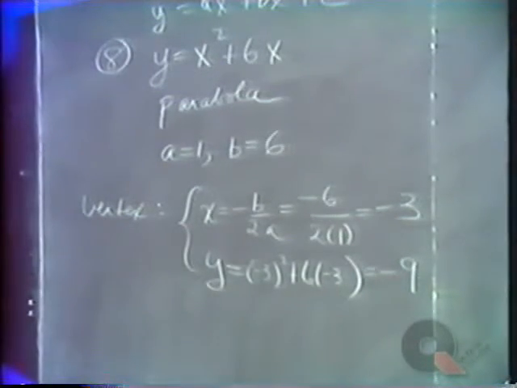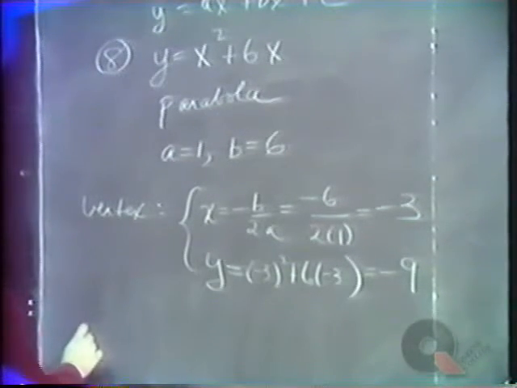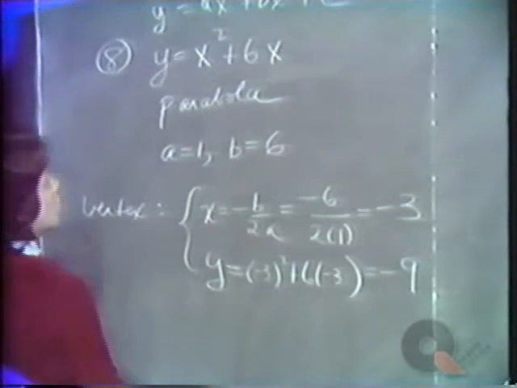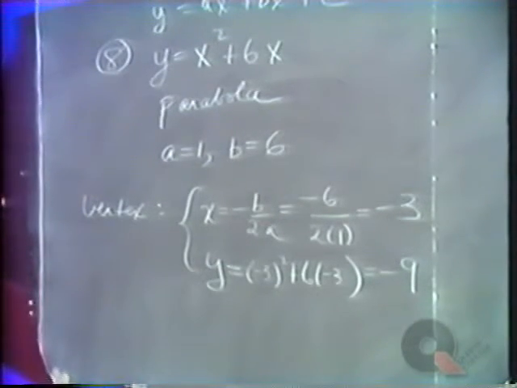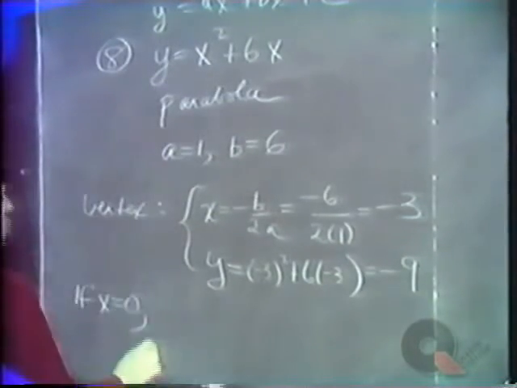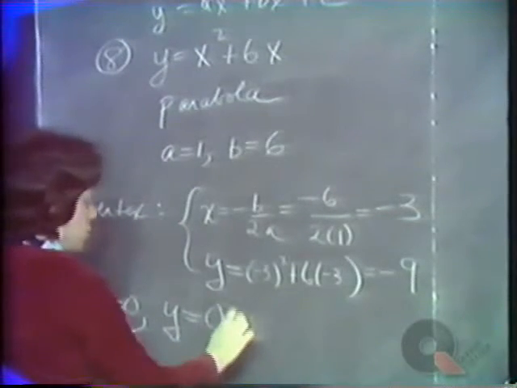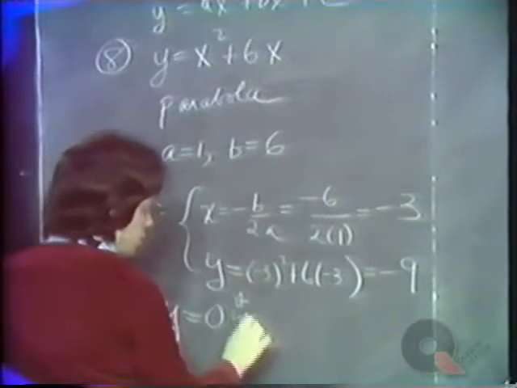To get the x-intercept, we set y equal to 0. We can start with setting x equal to 0 to get the y-intercept. If x equals 0, y equals 0 squared plus 0, y equals 0. This is the y-intercept.